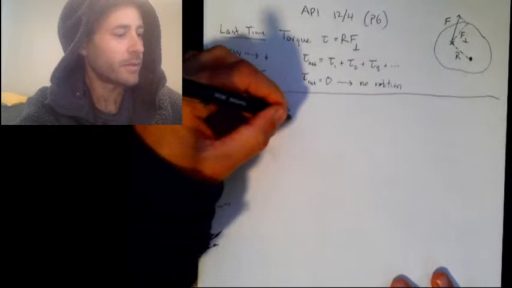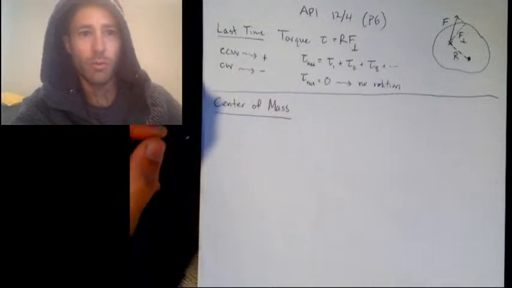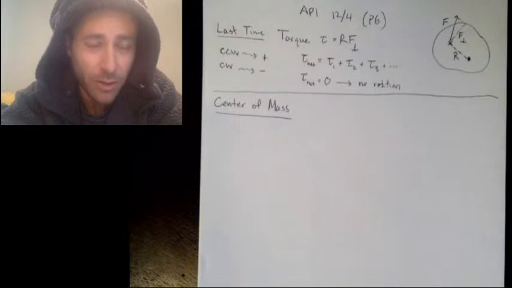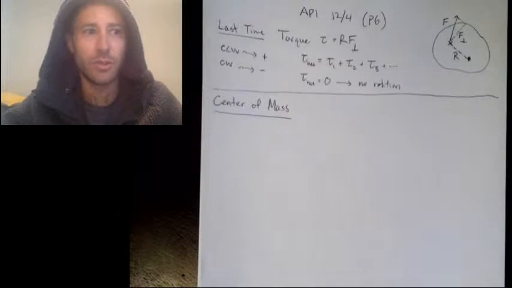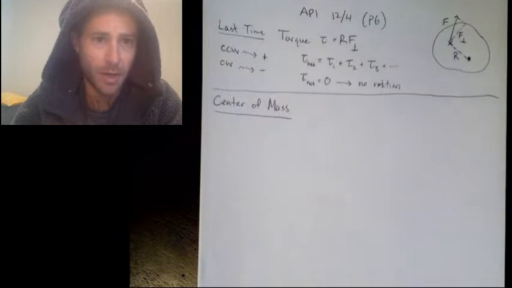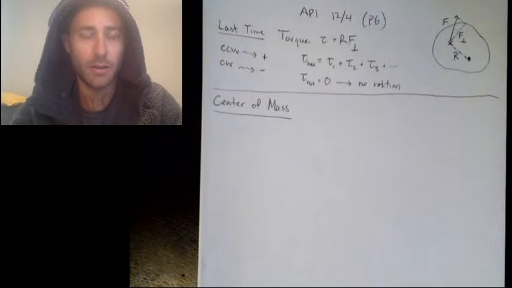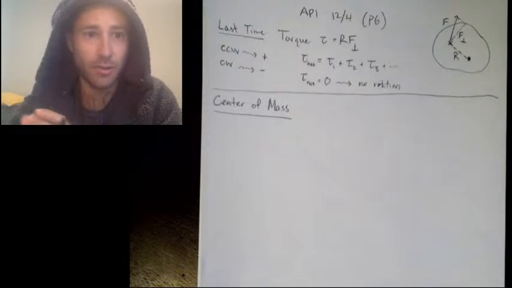And I'm not going to teach you how to calculate the center of mass today. I'm going to do that in a future lesson, in maybe like 2 or 3 lessons from now. But I'm just going to teach you conceptually what is the center of mass right now, and then we'll learn how to actually calculate it later.